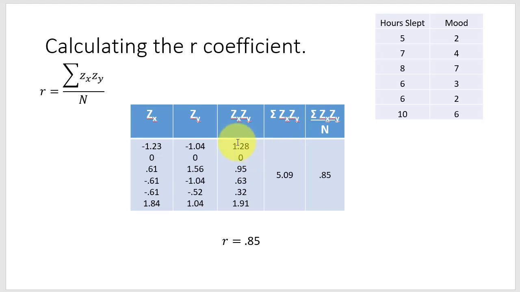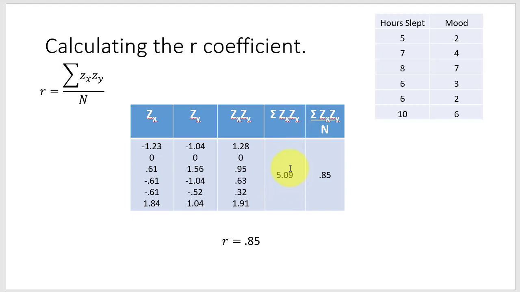I add all of my products together, so all of my multiplied x and y z-scores, and I get a total amount of distance from the mean of 5.09. So the total amount of standard deviations from the mean that all of my pairs have was 5.09.